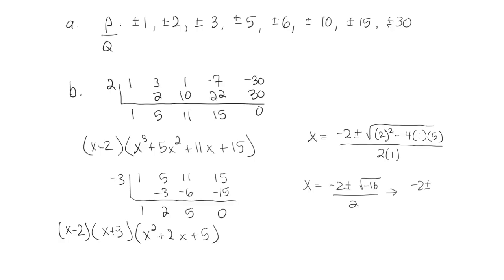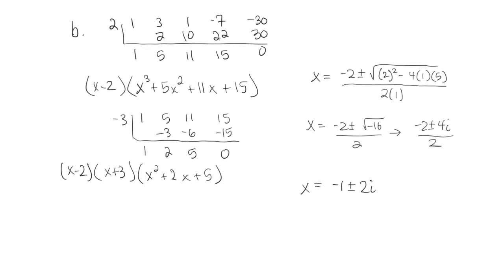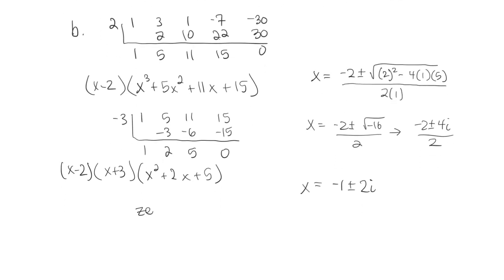So this is -2 plus or minus the square root of -16, which is 4i, divided by 2. And then both of these values here are divisible by 2. So this becomes -1, that becomes +2. So we have -1 plus or minus 2i. So for part B, the zeros are x equals 2, x equals -3, and x equals -1 plus or minus 2i.